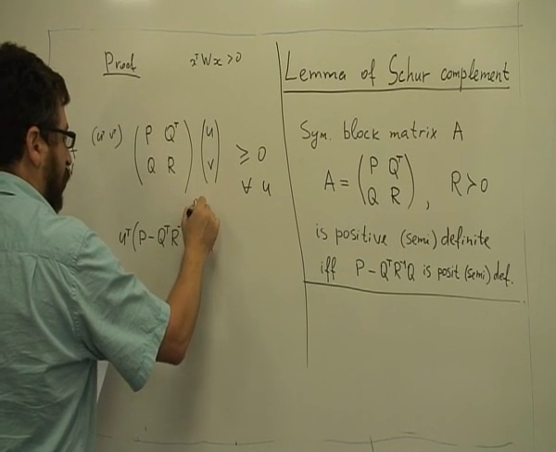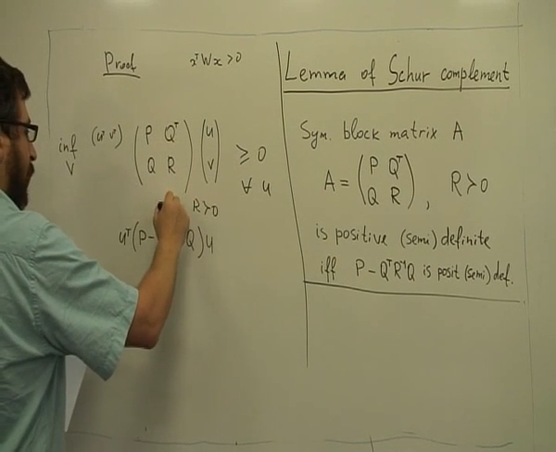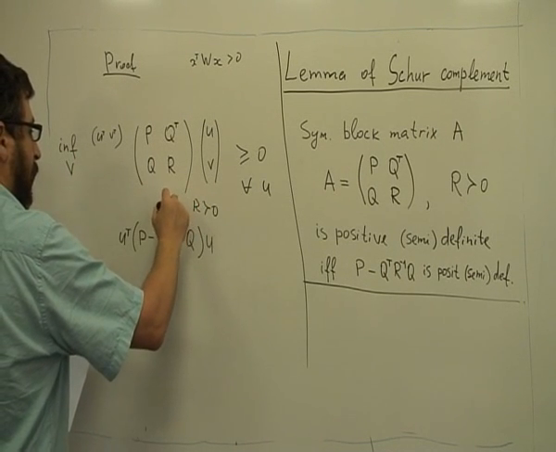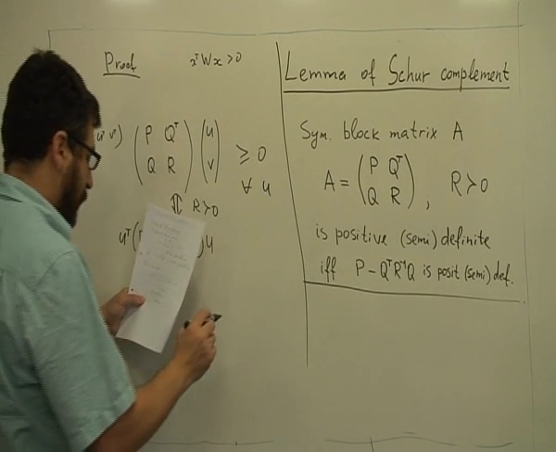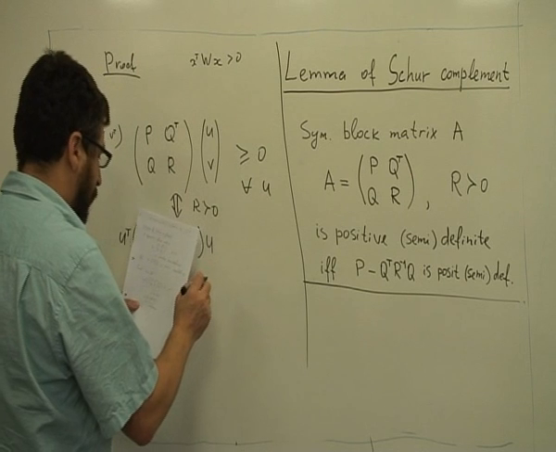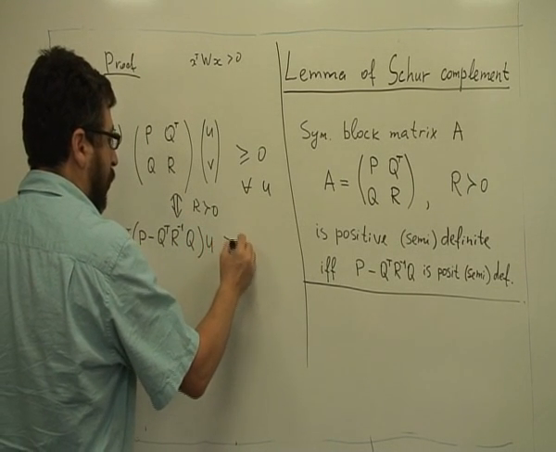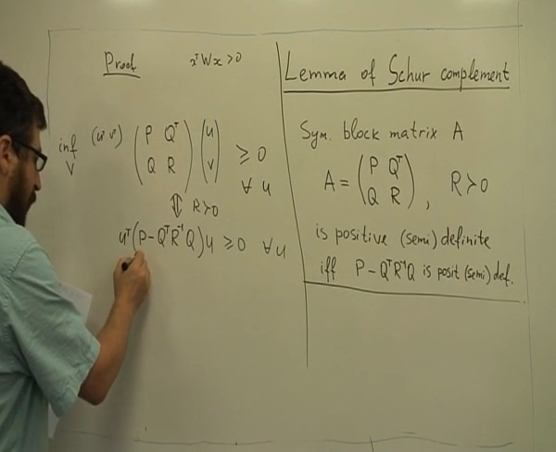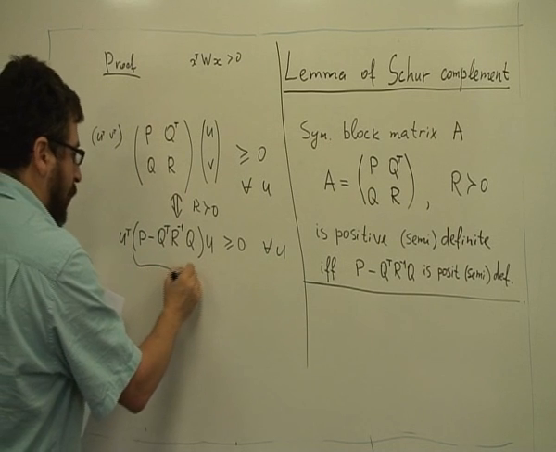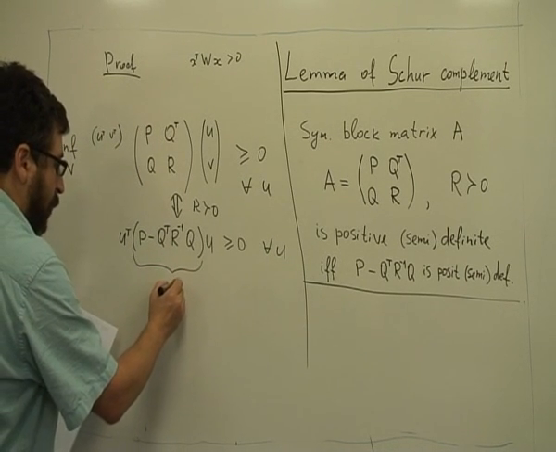So R should be greater than 0, positive definite. Then it would be the same as saying that this expression should be greater or equal to 0 for any U, or the same is to say that this matrix should be positive definite.